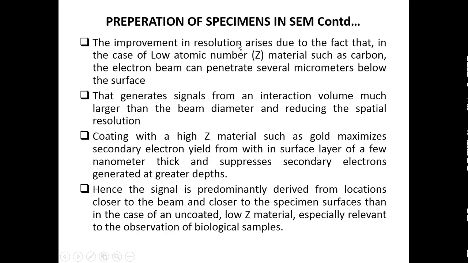Okay. The improvement in resolution arises due to the fact that in the case of low atomic number material such as carbon, the electron beam can penetrate several micrometers below the surface. For low atomic number material, what happens? That generates signals from an interaction volume much larger than the beam diameter and reduces the spatial resolution.